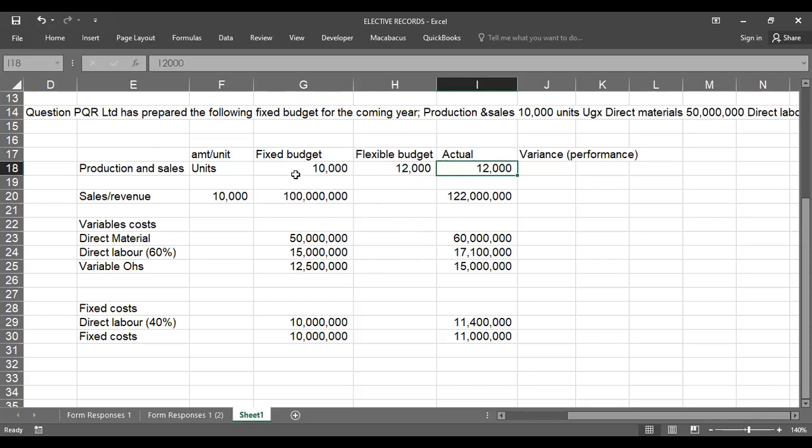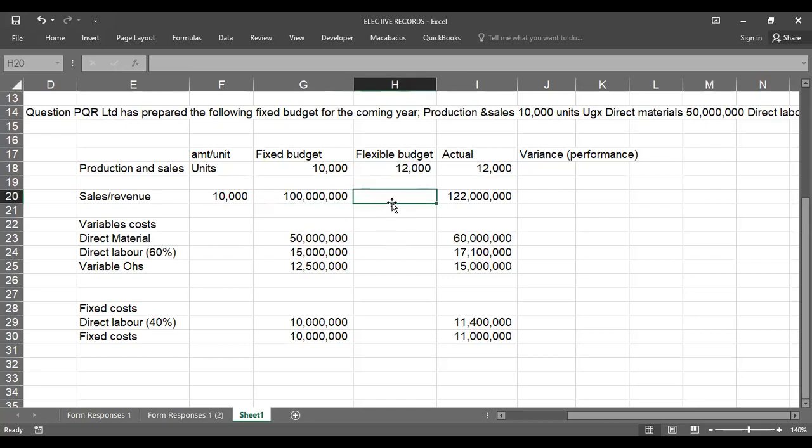Now our task is to determine the sales revenue for 12,000 units using the fixed budget, and determine the variable costs for the 12,000 units. For the variable costs, it's really easy.